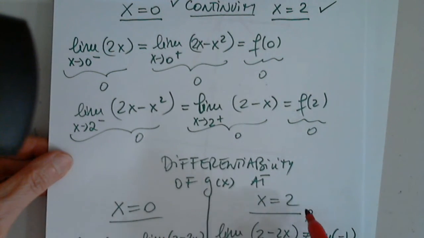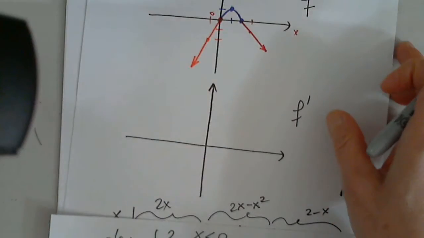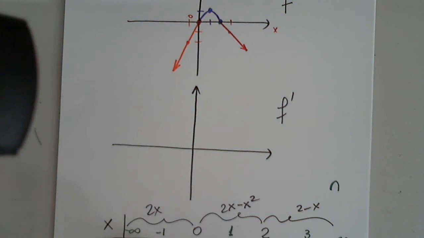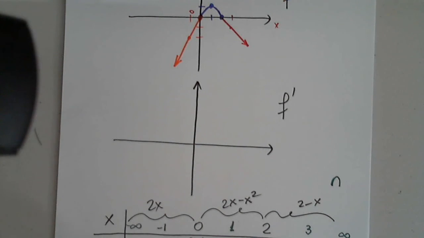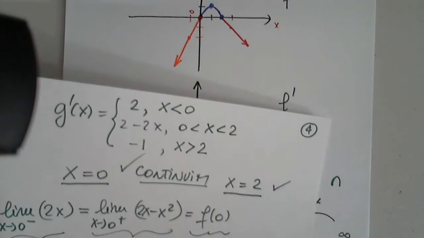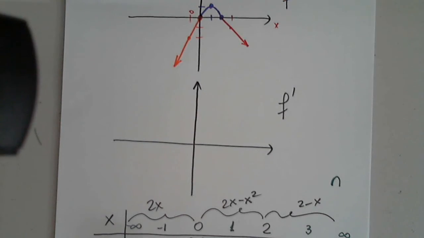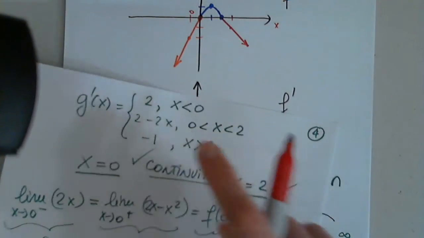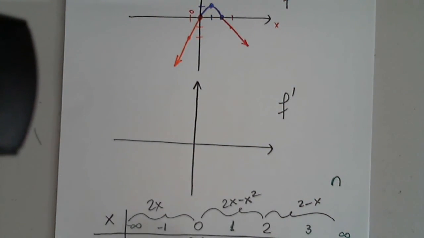Continuous at 0, not continuous at 2. See, the left-hand side and the right-hand side are 2. So, now this piece, maybe I should put it underneath here. Okay, so this piece will use 2. This piece will use 2 minus 2x. And the last piece will use negative 1.